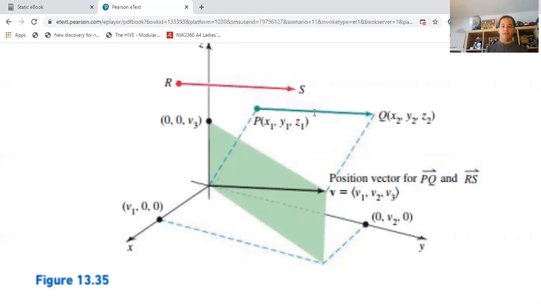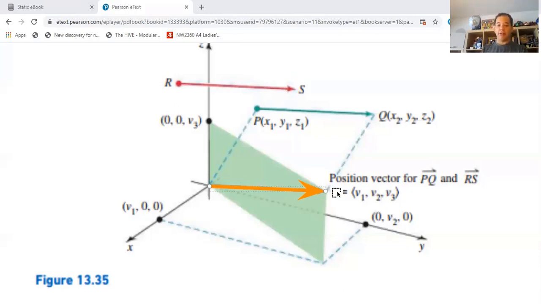So if we have a vector like the one you see on the screen right now, that is vector RS. Let me draw on top of it. Maybe a thicker one. Yeah, this one, RS, right? If we want to make sense of that vector in 3-dimensional space, what we want to do is move it to the origin and then figure out what are the coordinates of the head.